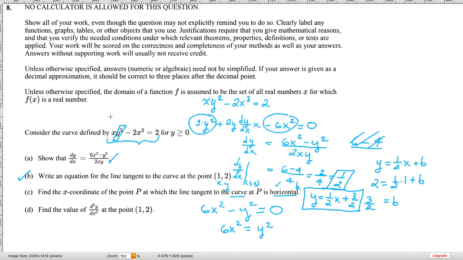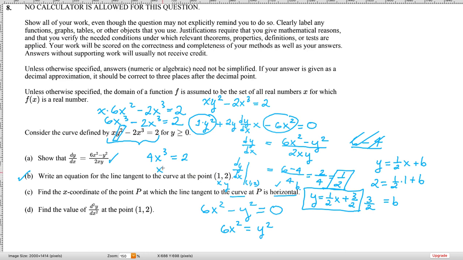And then now I'm rewriting for y squared. x times 6x squared minus 2x cubed equals 2. And then I'm going to get 6x cubed minus 2x cubed equals 2. And then this becomes 4x cubed is equal to 2.